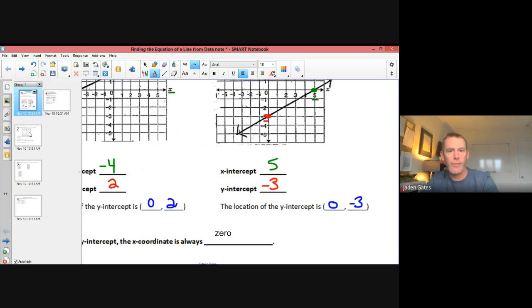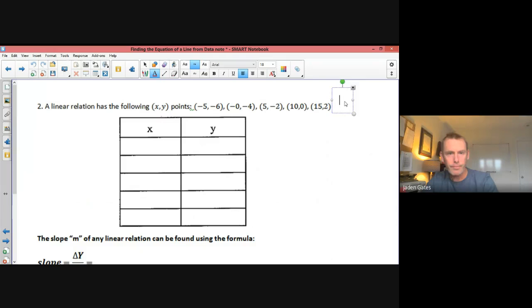All right, now to find the equation from data. I have a linear relation with the following points, and what I'm going to do is put those in a table of values. My first point is -5, -6. So I have -5 and -6. Our next point, let's see where we go.